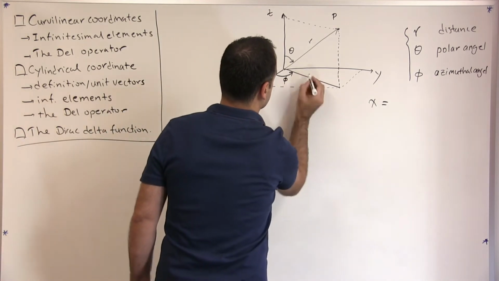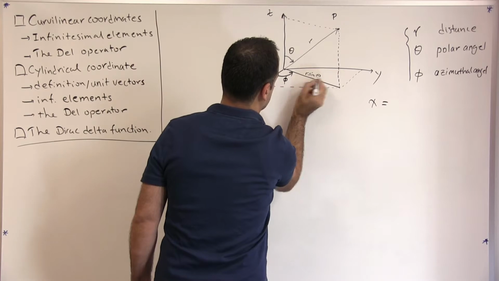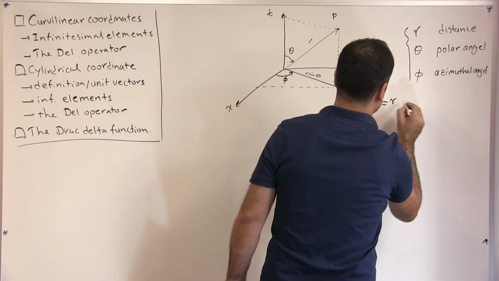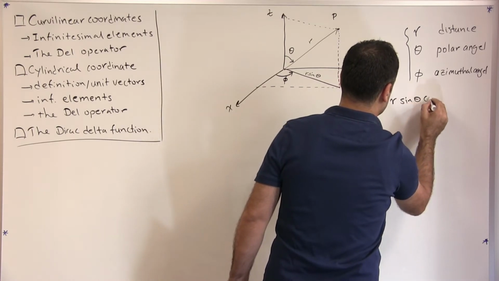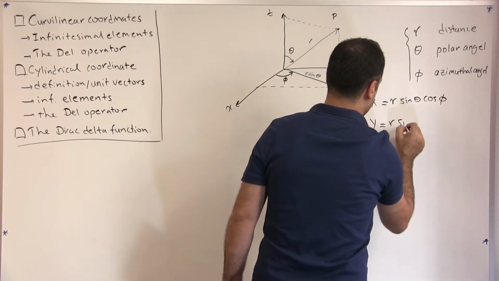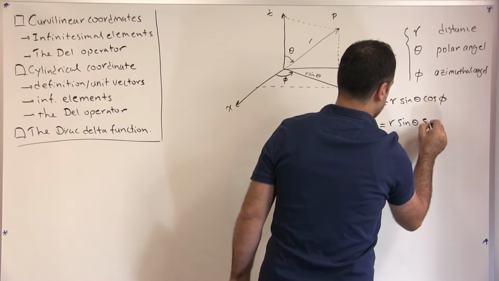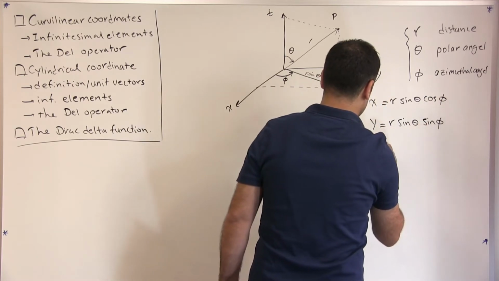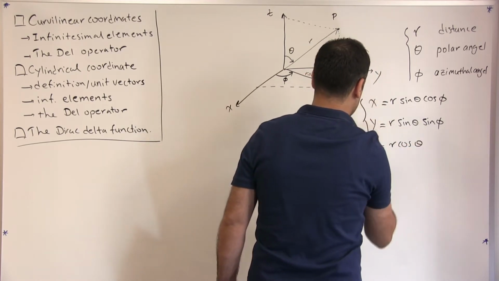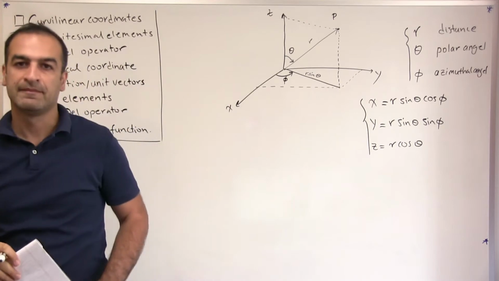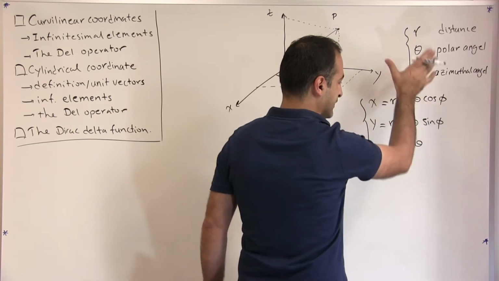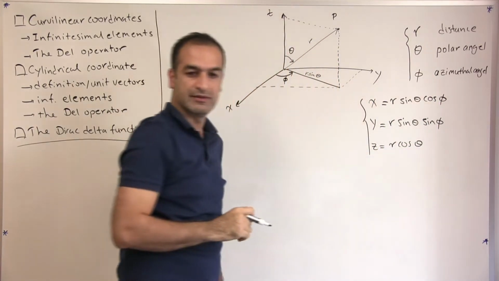So this length here is r sine theta, and then multiplied by cosine of angle phi. So x is r sine theta cosine phi. y is r sine theta sine phi. z is r cosine theta. So we get these three conversions from r, theta, phi, the spherical coordinates, to the Cartesian coordinates.